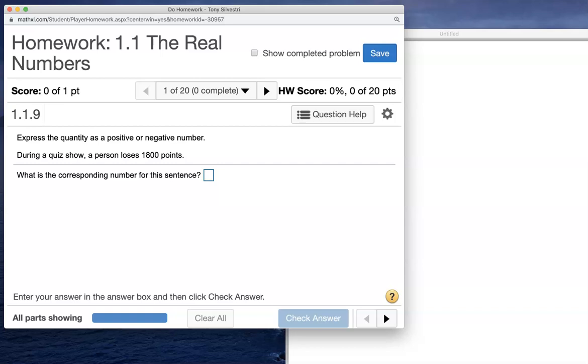This homework is section 1.1, entitled The Real Numbers, as opposed to unreal numbers, I suppose. It's a class of numbers. There are different types of numbers in the mathematical sphere, and we're only going to study the real numbers. Those are numbers that we can actually think of, that we can actually view in our minds. We can imagine what 10 means.